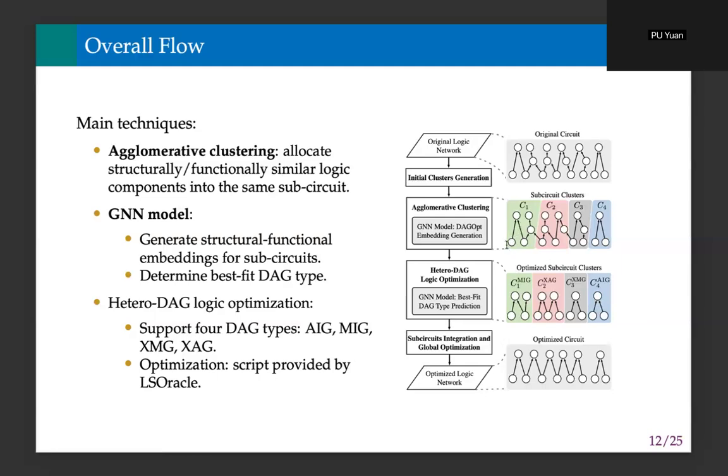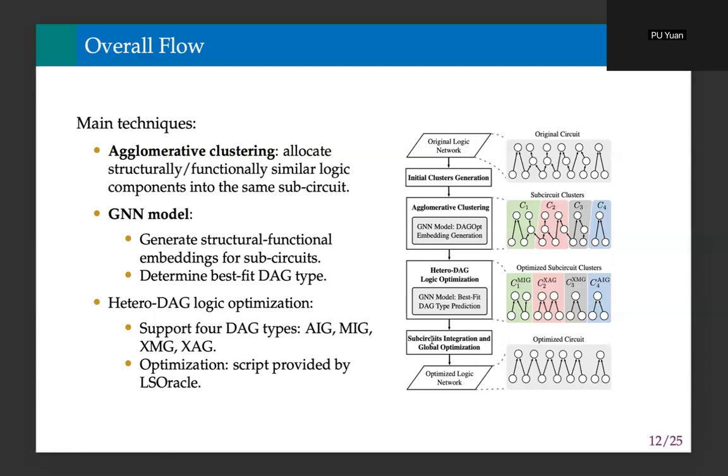After the clustering step, the circuit is partitioned into several subcircuits, and we again use the GNN model to predict the best-fit DAG type for each subcircuit. Then we represent them by the corresponding DAG type and optimize them with the corresponding algorithms.